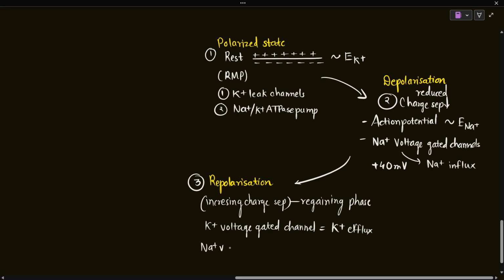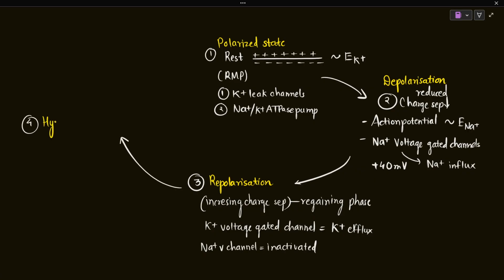That results in hyperpolarization, so too much charge separation, and that is due to the slow closure of voltage gated potassium ion channels.